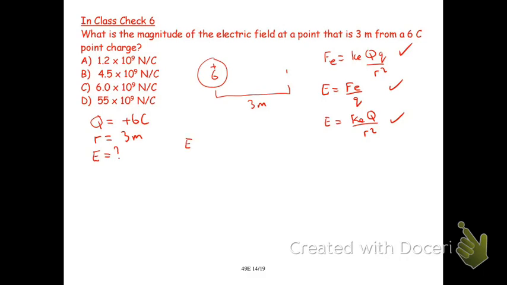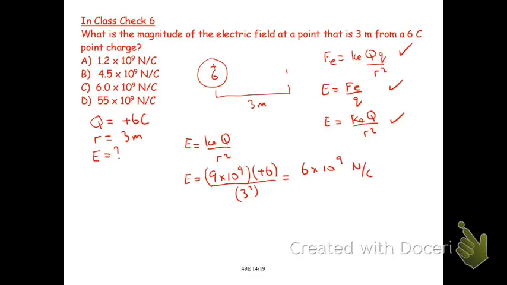So E is equal to k_e Q over r squared, which is 9 times 10 to the 9 times 6 over 3 squared, which equals 6 times 10 to the 9, and its units are newtons per coulomb.